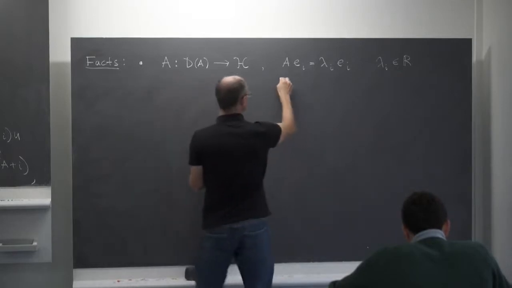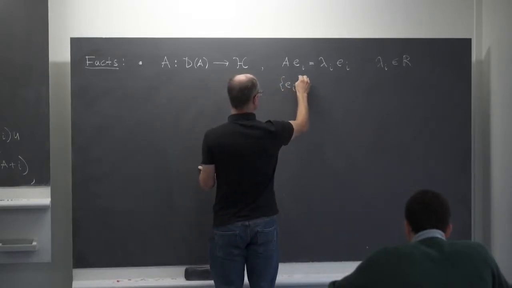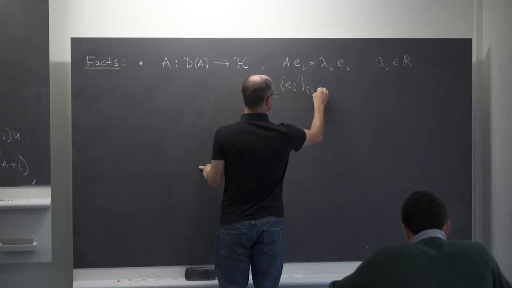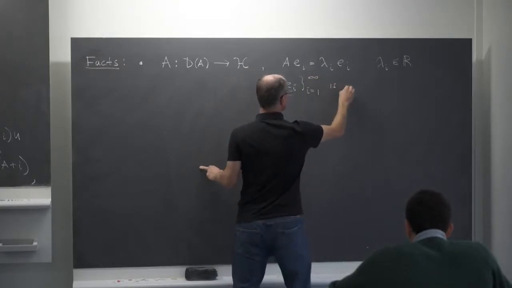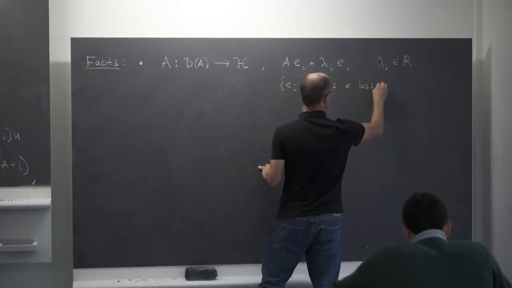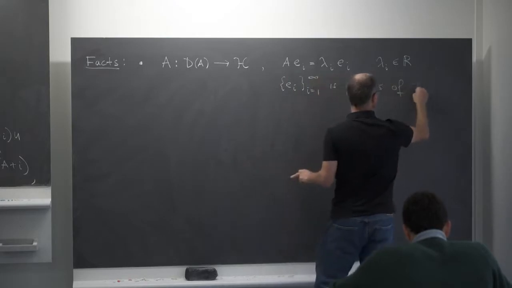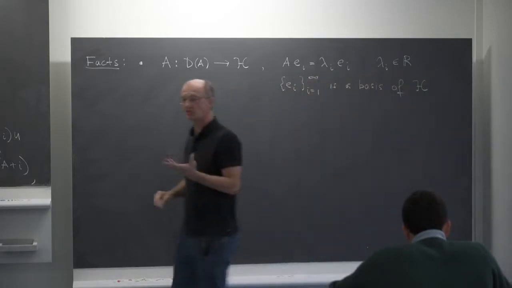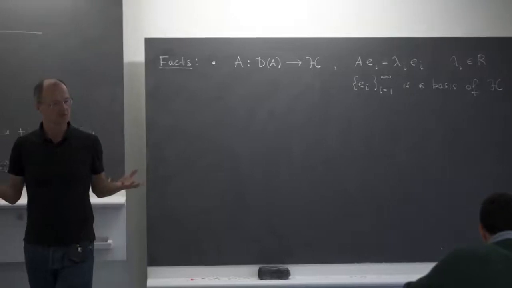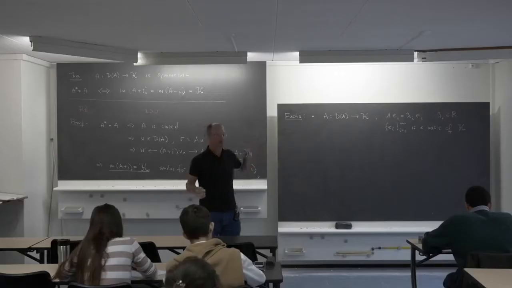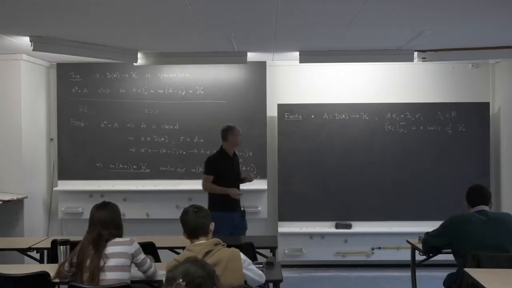And we assume that this set is a Hilbert basis of H. So inside D of A, we found a basis of eigenvectors with real eigenvalues.